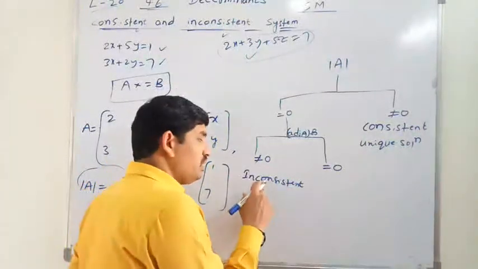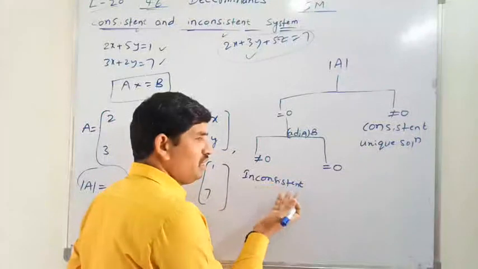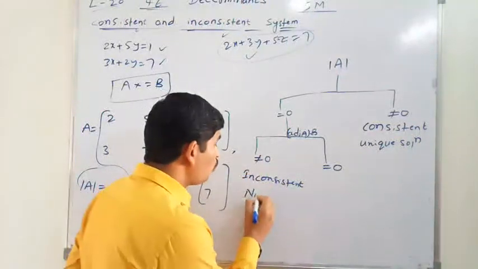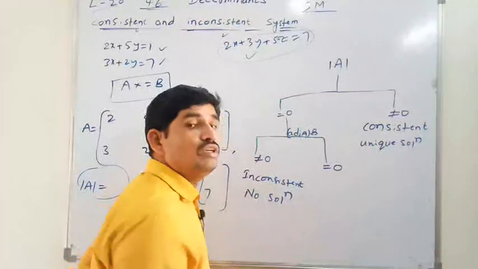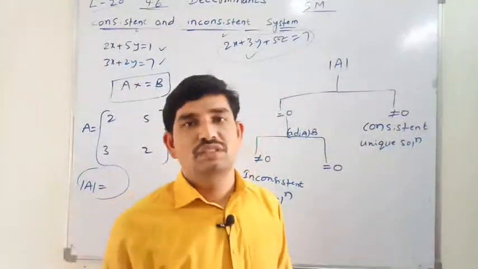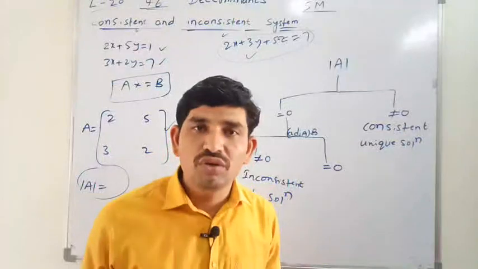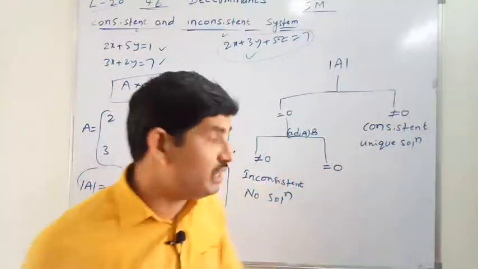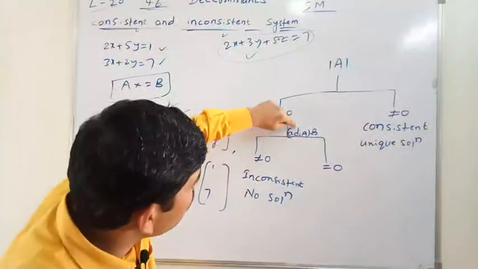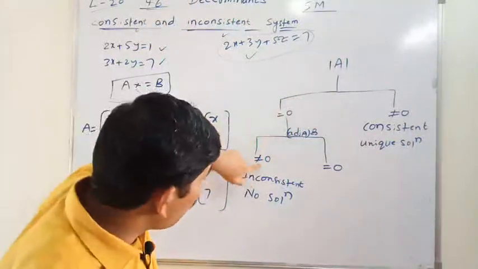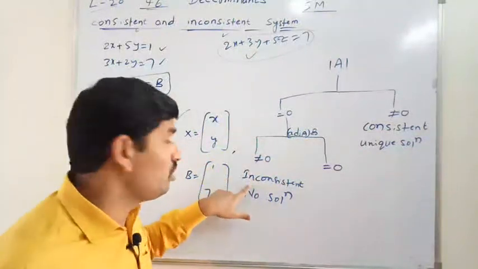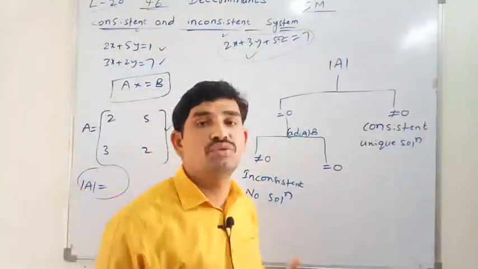So if we got an inconsistent system of equations, immediately write down no solution for the given system of equations. When we don't have a solution for the given system, it means only one case: if adjoint A into B, the product of these two, is not a 0 matrix, immediately we have to write the word inconsistent and no solution.